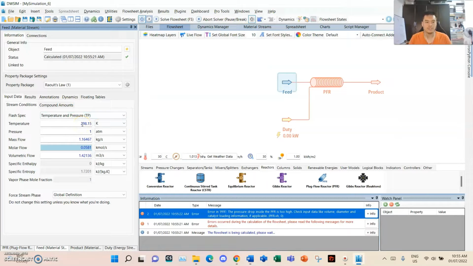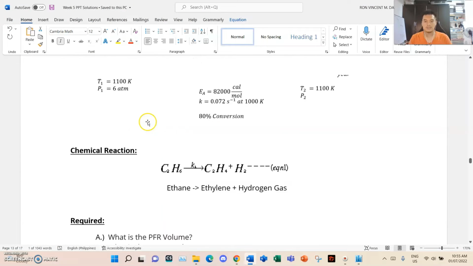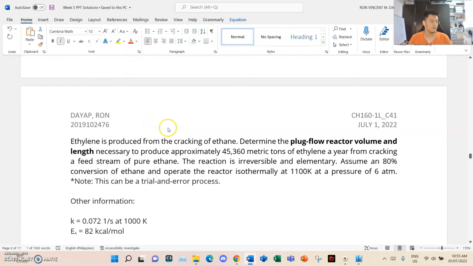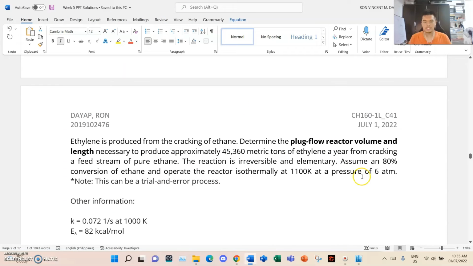And for the temperature, we're already given it. Since it is isothermal at 1100, that means that the inlet and outlet temperature are equal to 1100. So put here 1100 Kelvin and it operates at 6 atm.